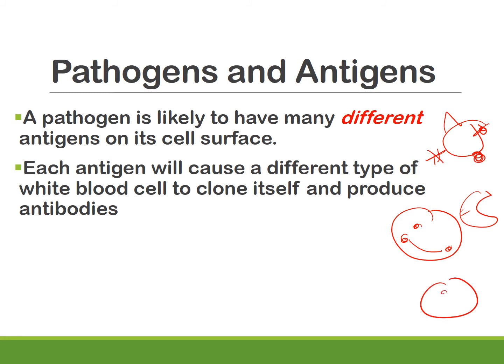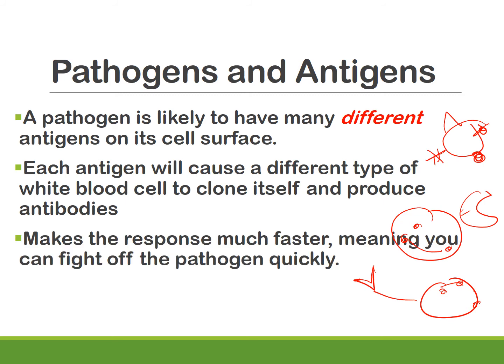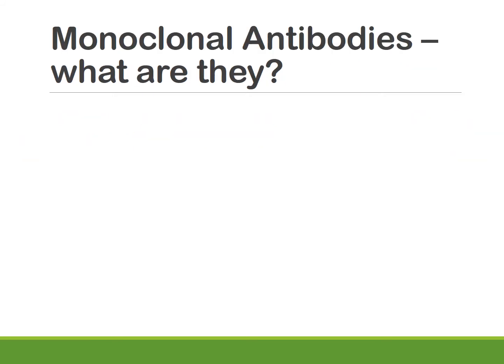And then you have another one that is responsible for taking on the triangular ones, etc. These are all just proteins. If you've got lots of different cells in charge of producing specific antibodies, that means you can get rid of the pathogen really, really fast. It's when you get a new pathogen where you don't already have the antibody manufactured that it takes a longer time.